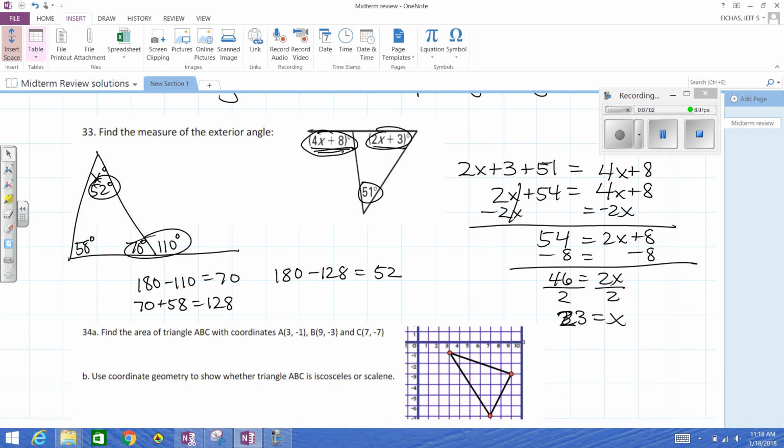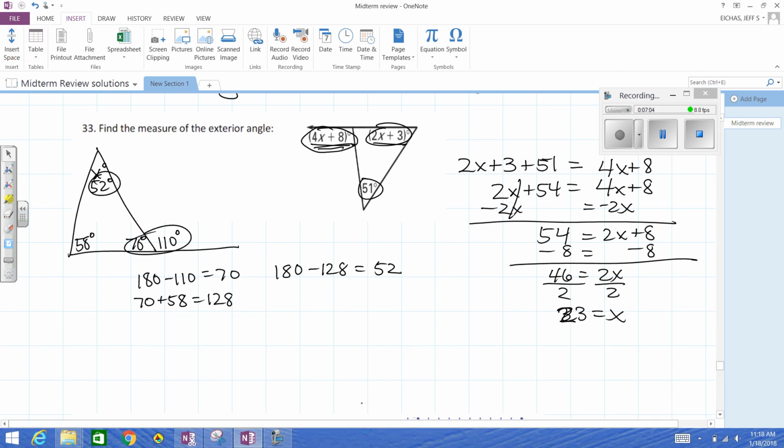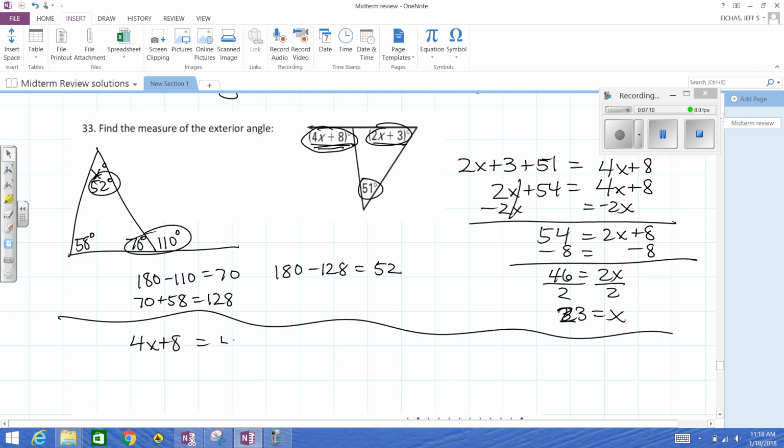So let's leave a little bit of room. Now we have to plug in. So 4x plus 8 is 4 times 23 plus 8. 92 plus 8 is 100. Let's make sure that yes, that does work. So the measure of the exterior angle is 100 degrees. See, we're good on time.